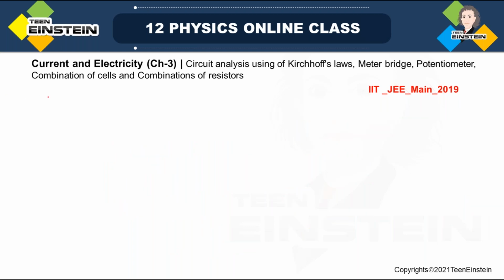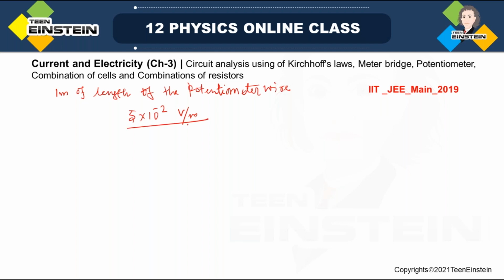So what I say is that 1 meter length of the potentiometer wire will drop how much? 5 into 10 to the power minus 2 volt per meter is the potential drop across each meter.